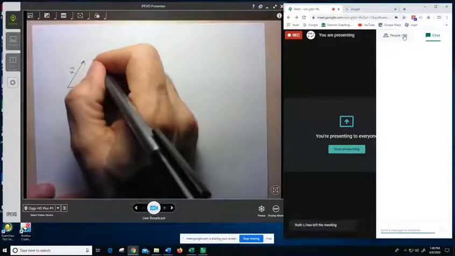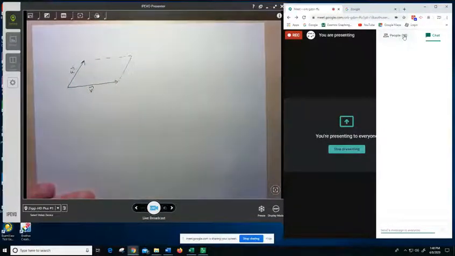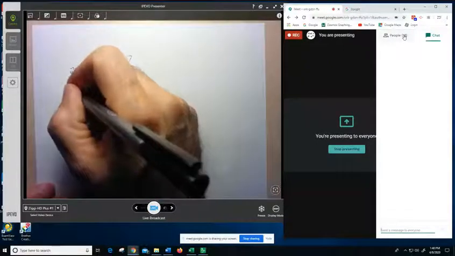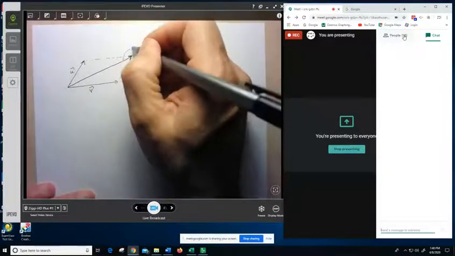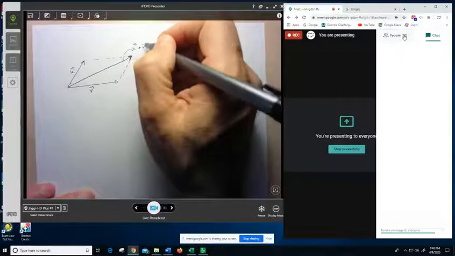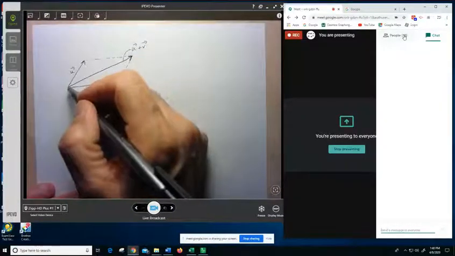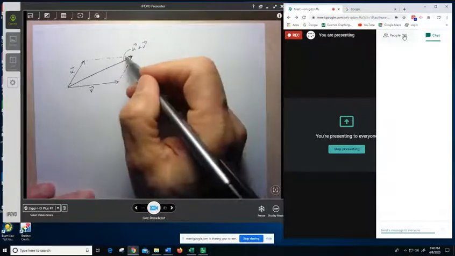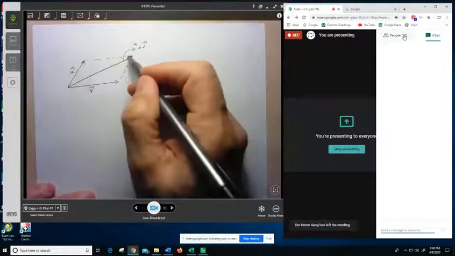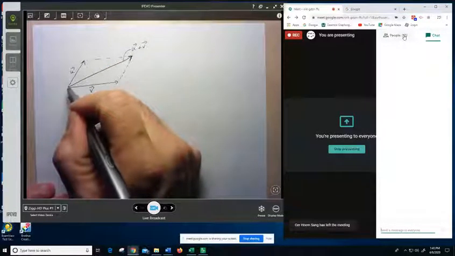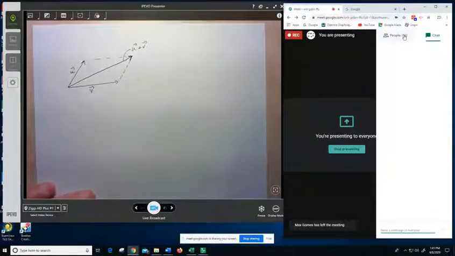For addition, you create a parallelogram with your two vectors, and the diagonal goes from the two tails to the other end of the parallelogram. It's easy to see that it's equivalent to what we did before, because u plus v, if I put them tip to tail, gives me the exact same answer: from the tail of the first to the tip of the second. So it's identical.